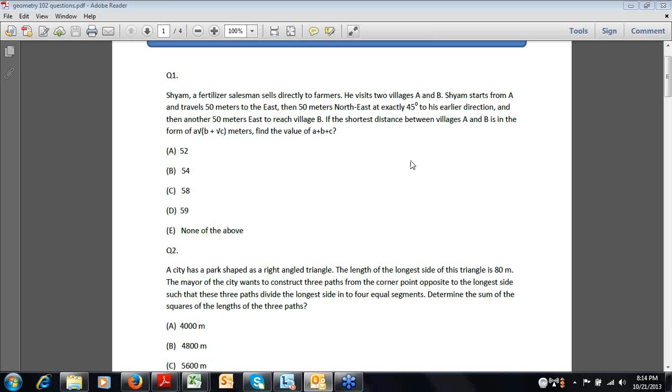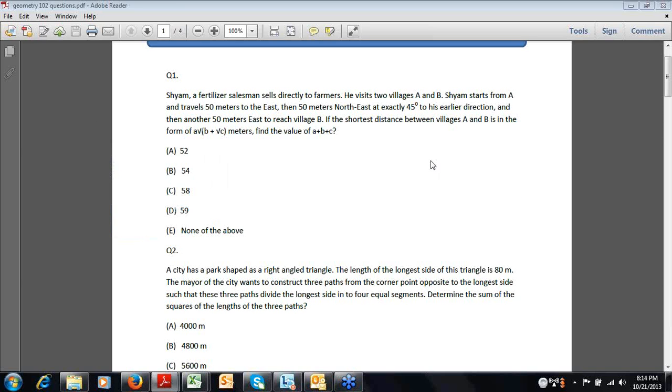It says, Shyam, a fertilizer salesman, sells directly to farmers. He visits two villages, A and B. Shyam starts from A and travels 50 meters towards east, then 50 meters towards north, exactly 45 degree to the earlier direction.